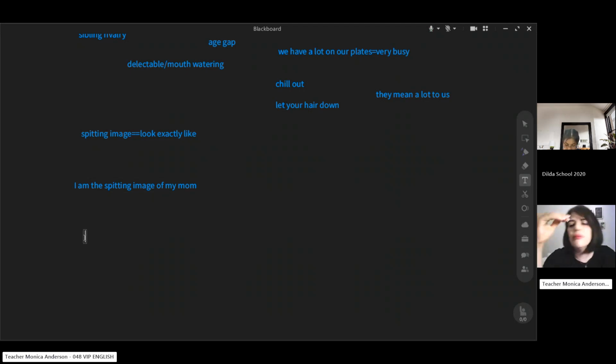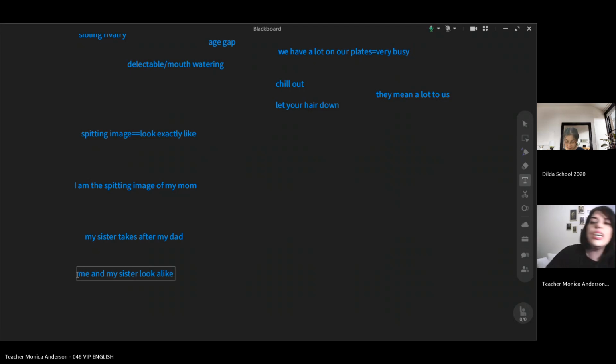One level lower, you can say look like or take after. But my sister takes after my dad. Totally, me and my sister look alike.